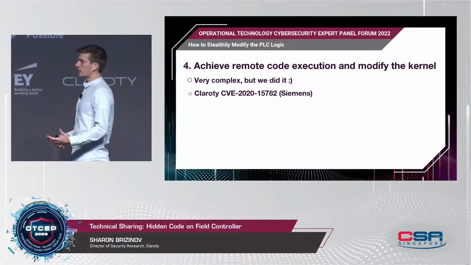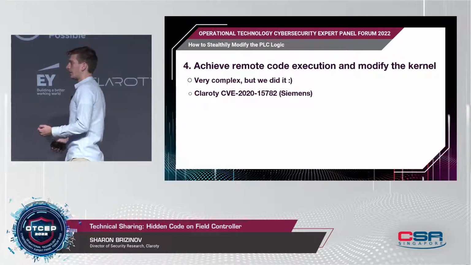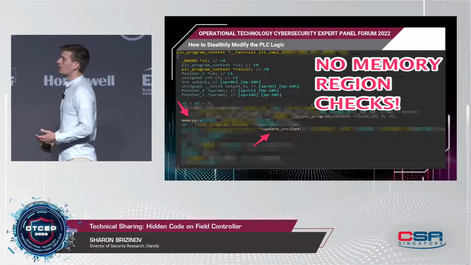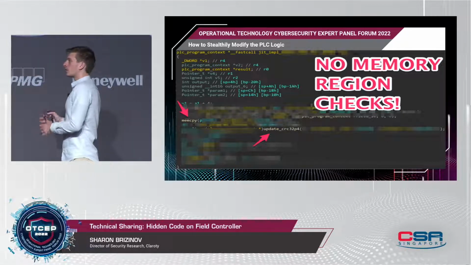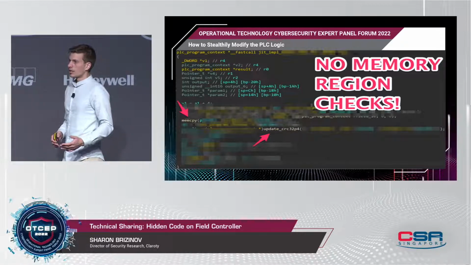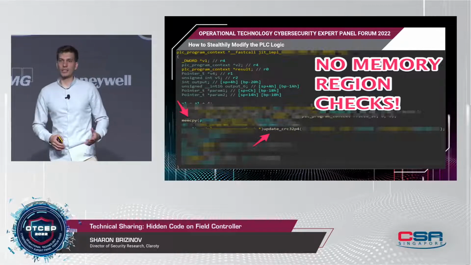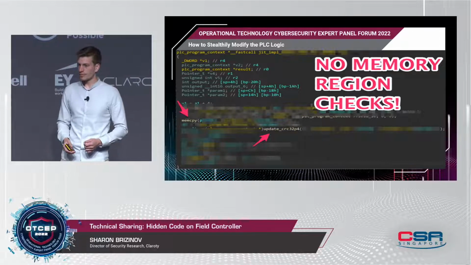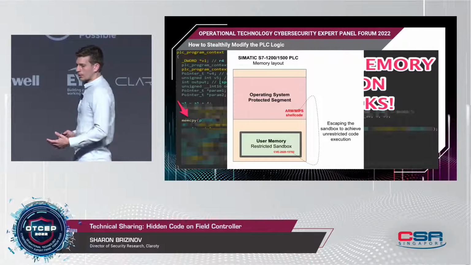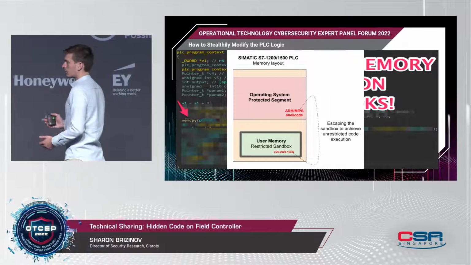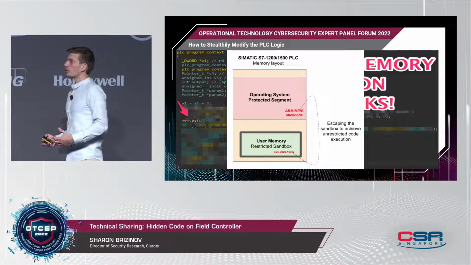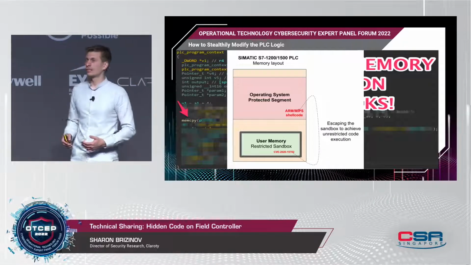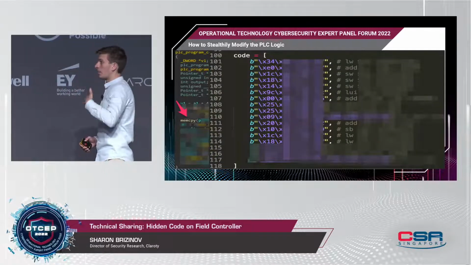The root cause that allowed us to do this was that Siemens forgot, in one of their VM implementations for interpreting the bytecode, one of the checks, which allowed us to write code into the kernel. With that, we were able to escape the sandbox of the PLC, write shell code into the operating system protected segment, and modify the code as the PLC is running.